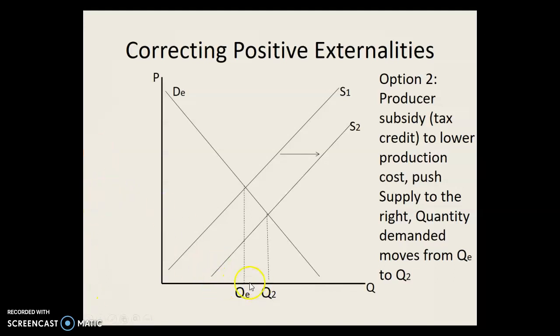Instead of QE, the quantity with the externality, it ideally would move over here to Q2, which is the quantity that's going to be supplied without the externality in existence due to the lower cost of production. That's the second way to address positive externalities.